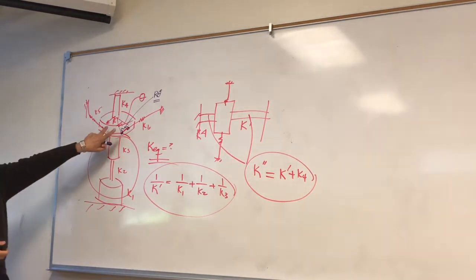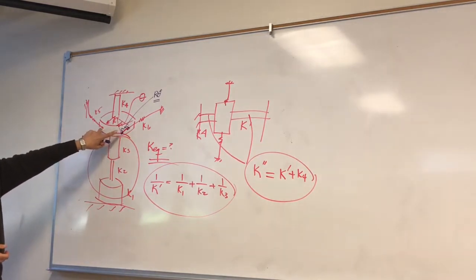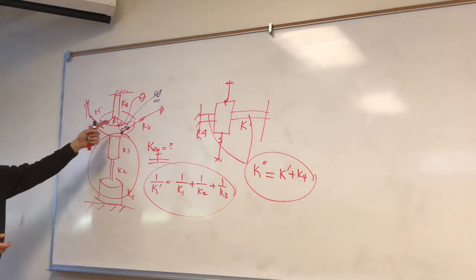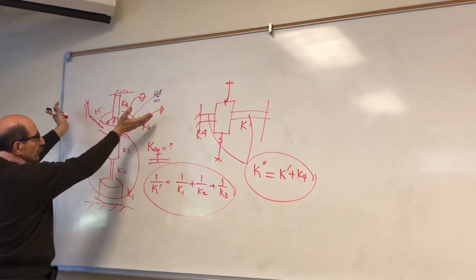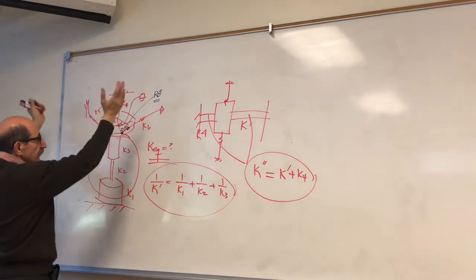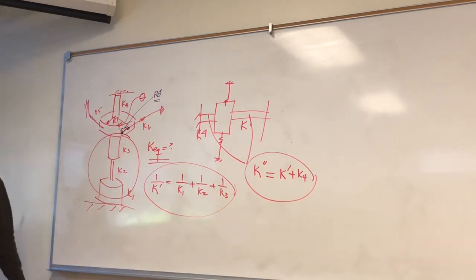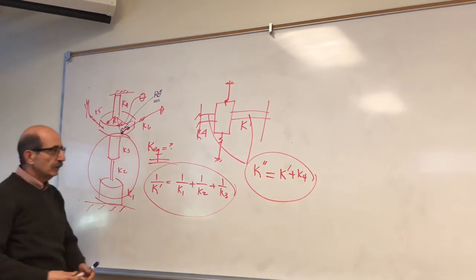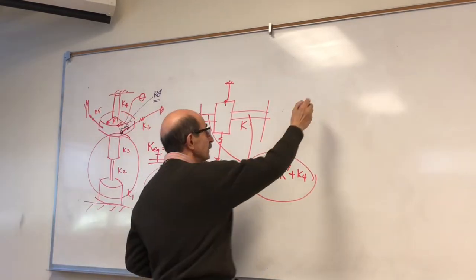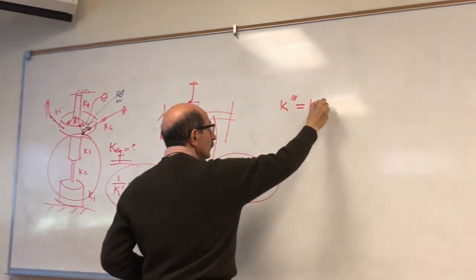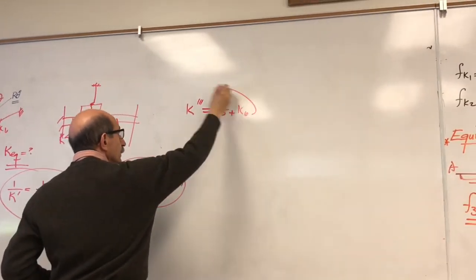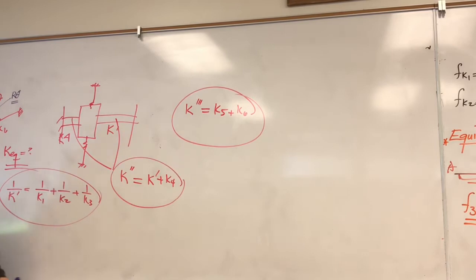So if these are experiencing also the same displacement, that means K5 and K6, although they're positioned in a crazy orientation, they're in parallel. So K5 and K6 then can be replaced by a single linear spring that is that.